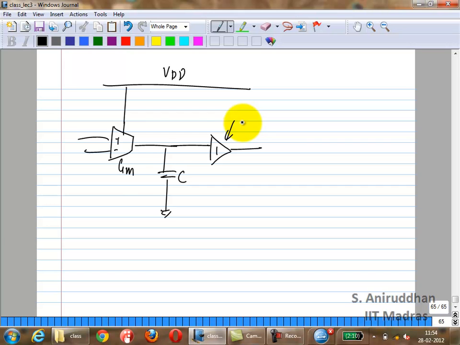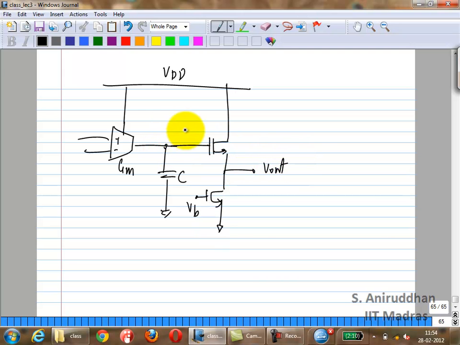A common drain, right? A source follower. Let's say we did something like this. I'm going to call this maybe X is better.